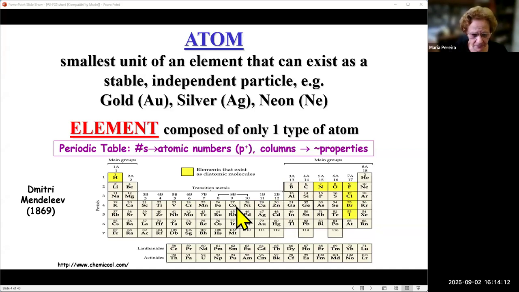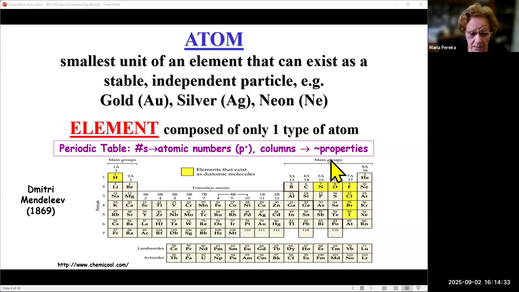So these numbers represent the atomic number of the element. So they are arranged in rows. But then Mendeleev was able to arrange these elements also in columns. And what do the columns mean?